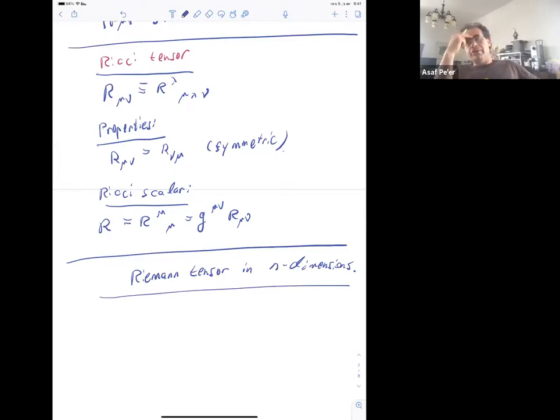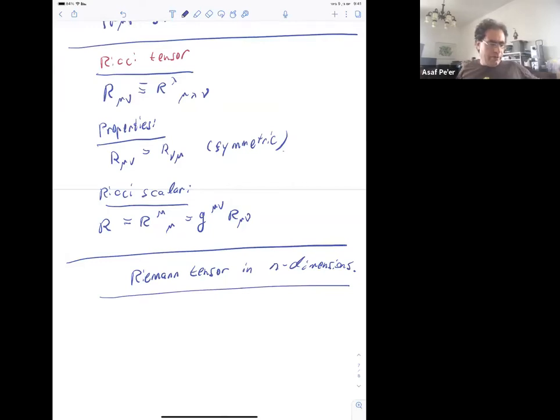What we're really up to is to calculate the number of independent components that the Riemann tensor has in n dimensions. So we started with saying, okay, in n dimensions, it should have n to the power 4 independent components.